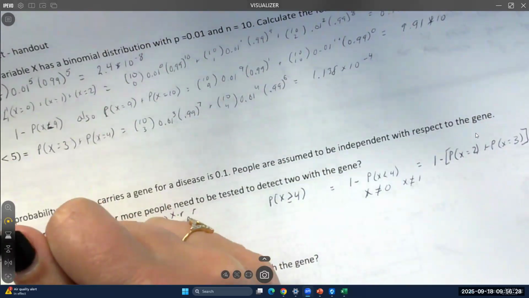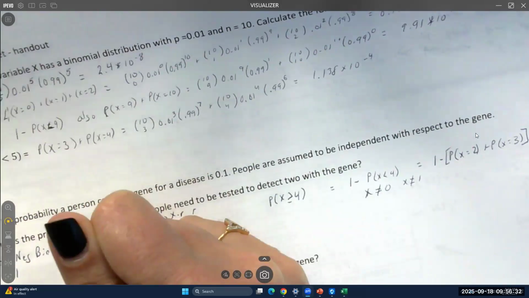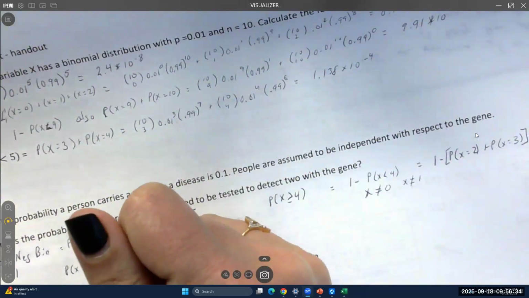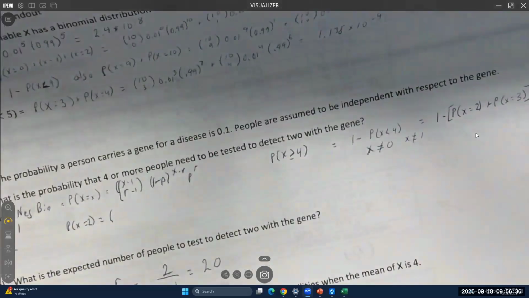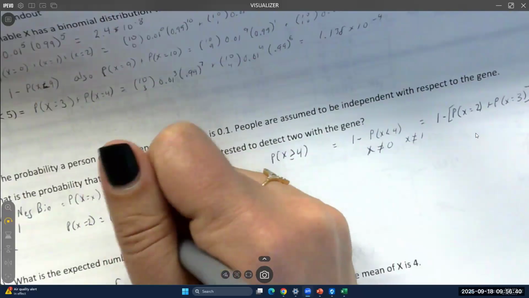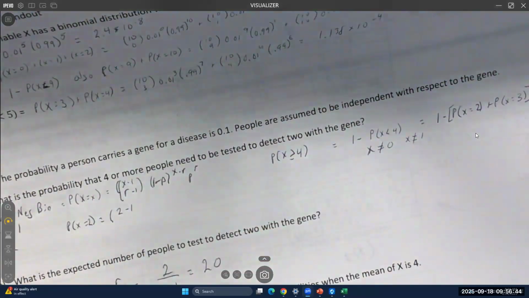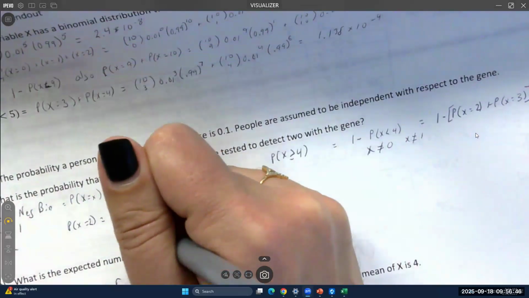the probability that X is equal to 2 is going to be, thank you. So my X minus 1, so this is X is equal to 2, so that's 2 minus 1. And my R is 2, and that's 2 minus 1.